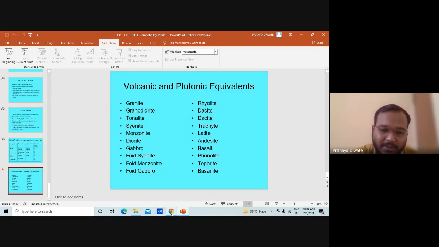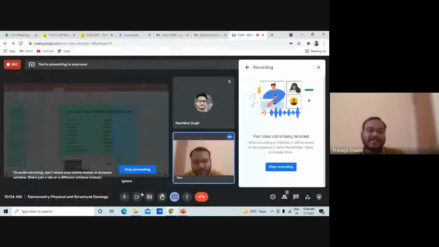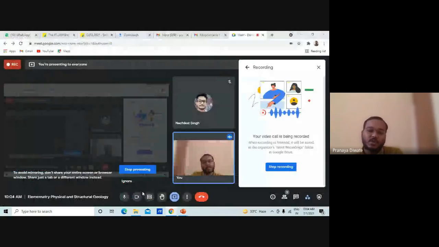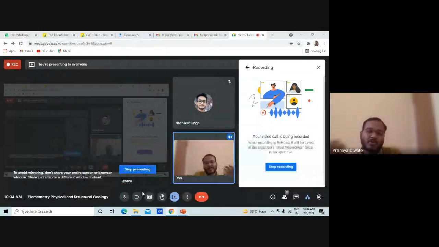I hope you understood the concept of classification of igneous rock, very briefly. I tried to explain how you can classify igneous rock and what different kinds of classification you can do with your field visit. This classification is mostly applied in the field, not in bookish language.